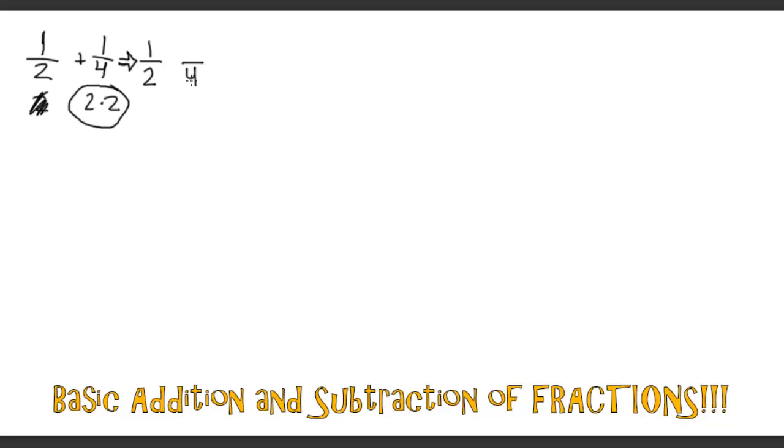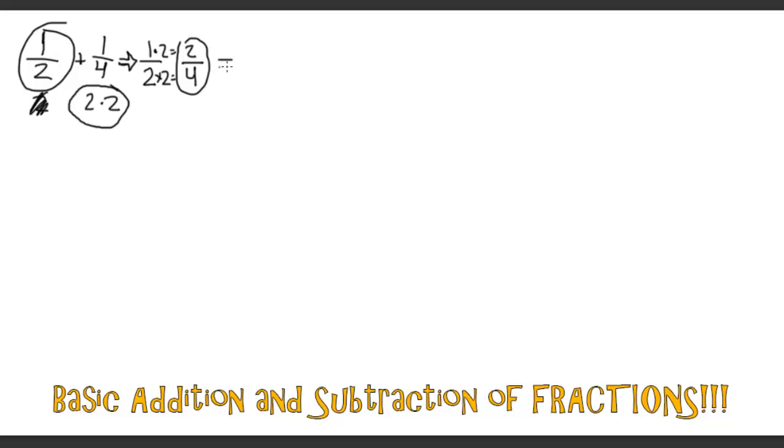With fractions, whatever you do to the bottom, you must do to the top. So I multiplied 2 times 2, and I got 4. So now I'm going to multiply 1 times 2. I'm going to get 2. So there is the adjusted version of 1/2 that's going to make it possible for us to add 1/2 to 1/4.